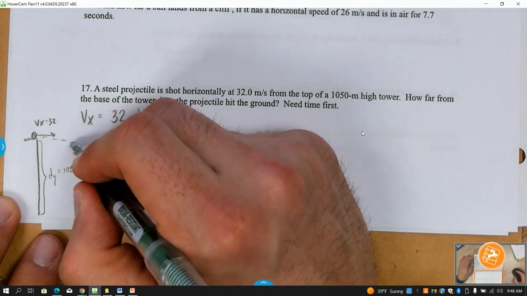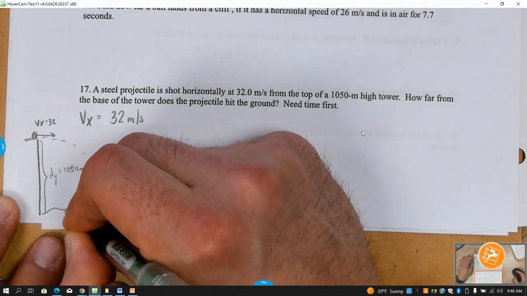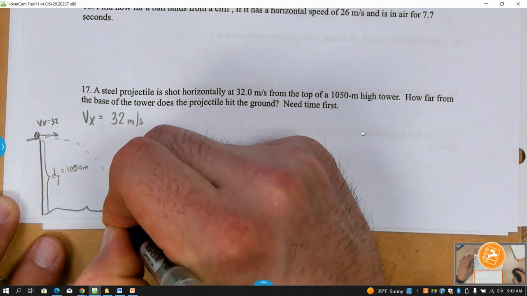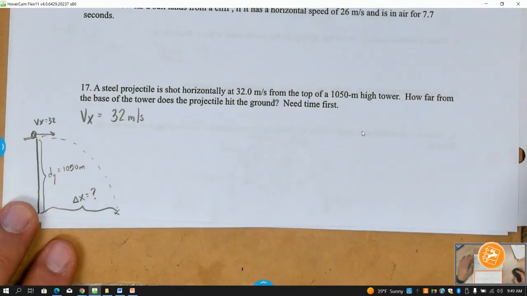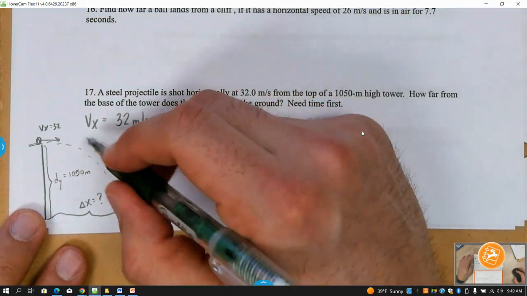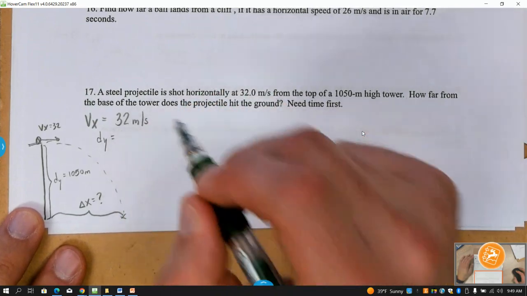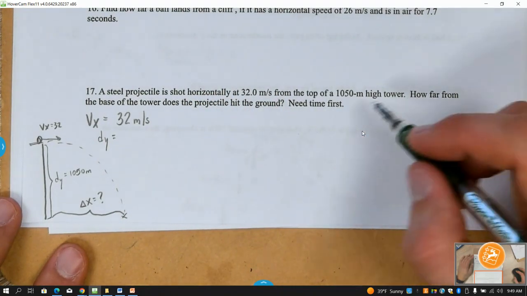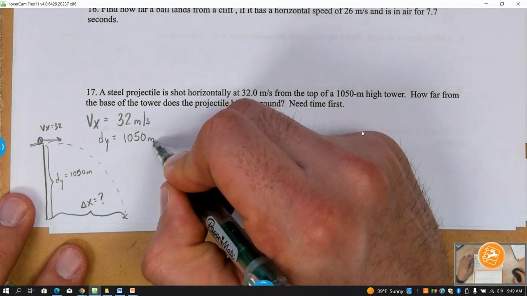They want to know delta x. So we have Vx is 32. The height of this thing is 1,050 meters.